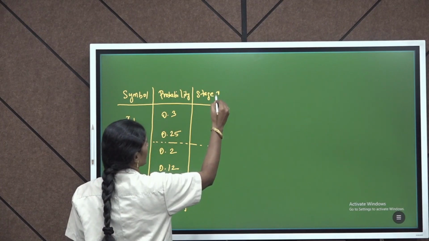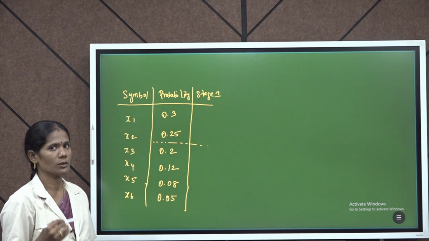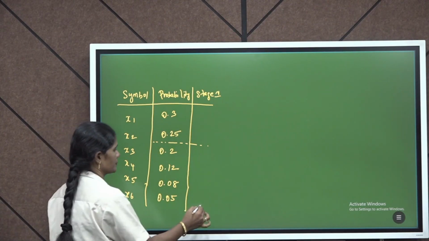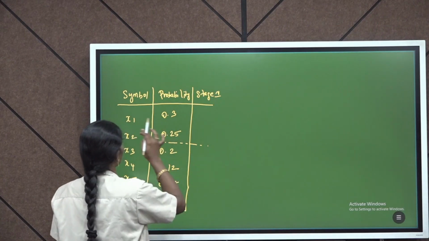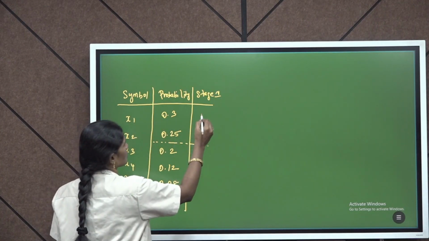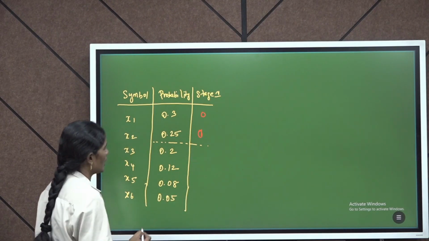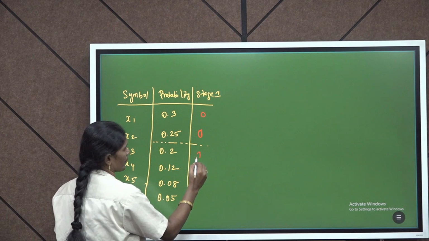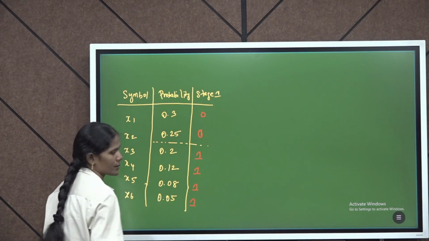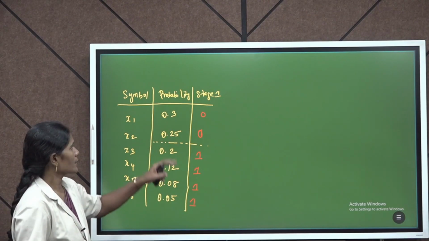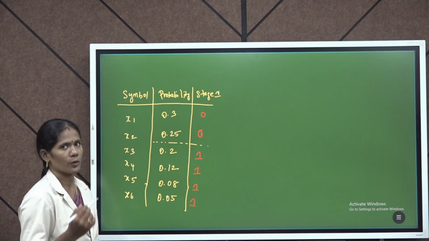In stage 1, we assign 0 to the upper partition and 1 to the lower partition set. So the upper team x1 and x2 gets the bit 0, and the binary bit allocated to the lower partition set is 1.